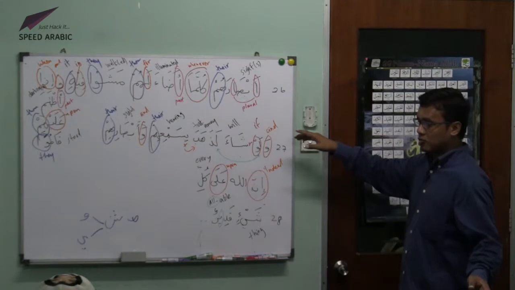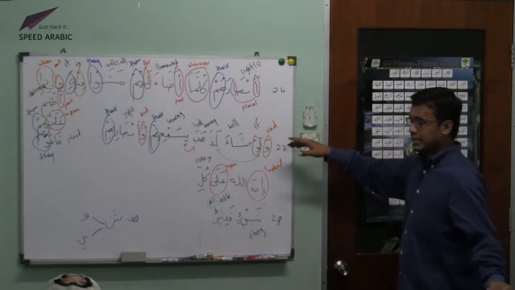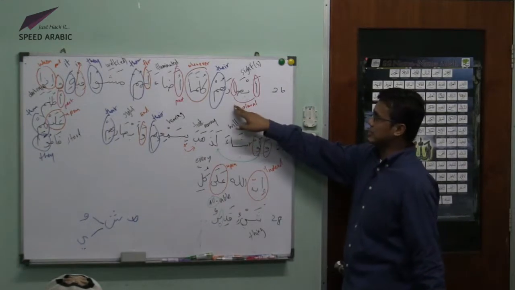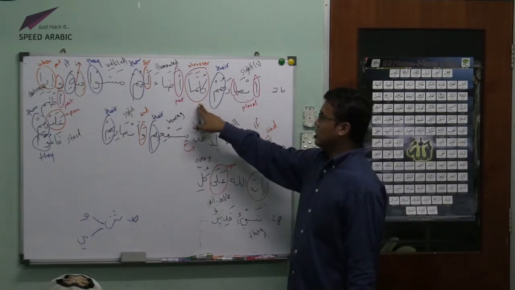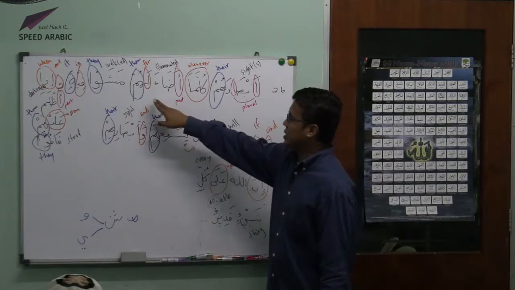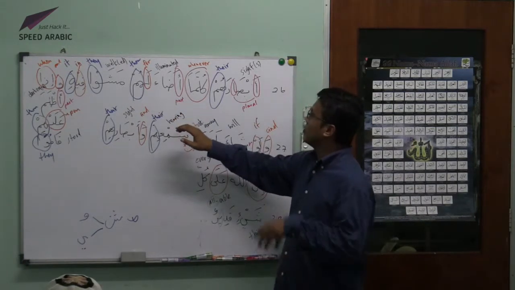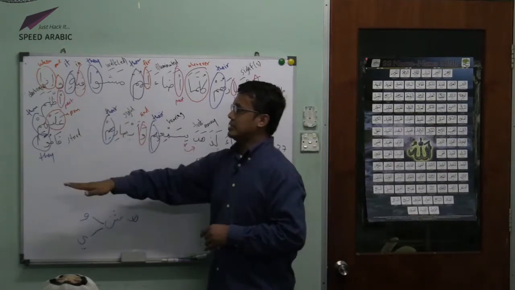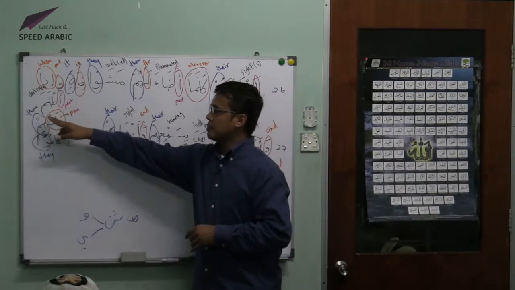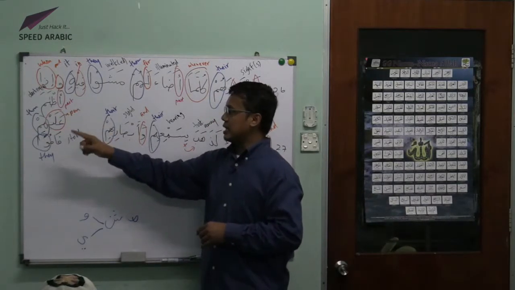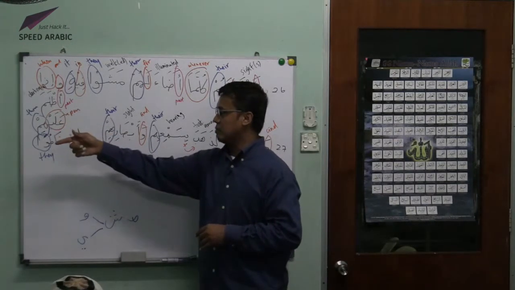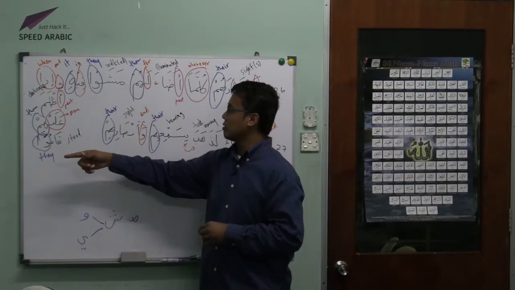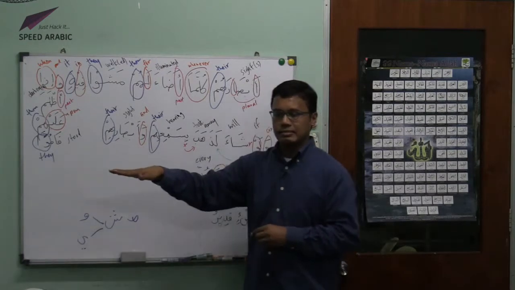Yakadul barqu yakhtafu absarahum. So the lightning almost struck their sight. Whenever the light illuminated for them, they walked in it. And when it darkens upon them, okay, they stand still.